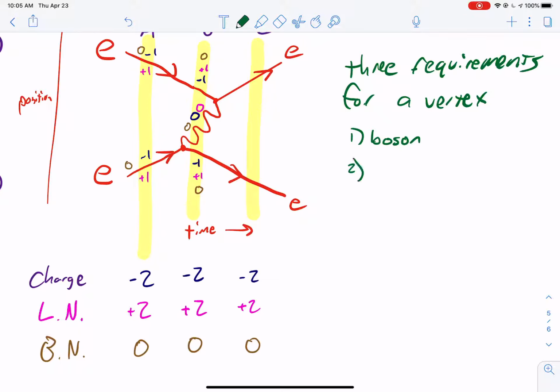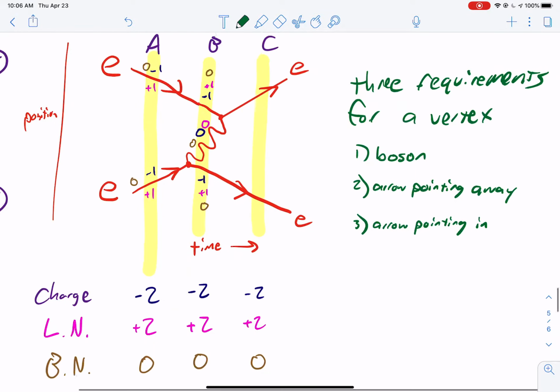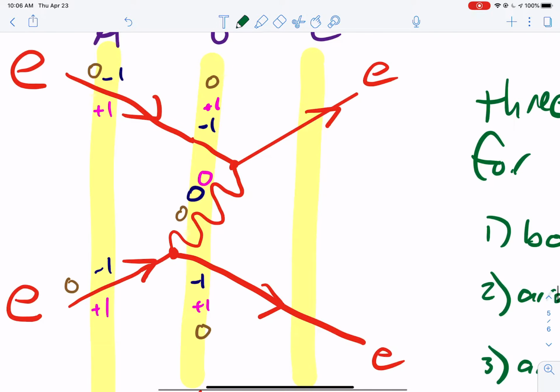Every vertex must have an arrow pointing away. I don't care what direction time is or anything, but it must have an arrow pointing away from the vertex. Finally, number 3, you must have an arrow pointing in to the vertex. So let's test this out. Here's our vertex right here. We have a boson down here.